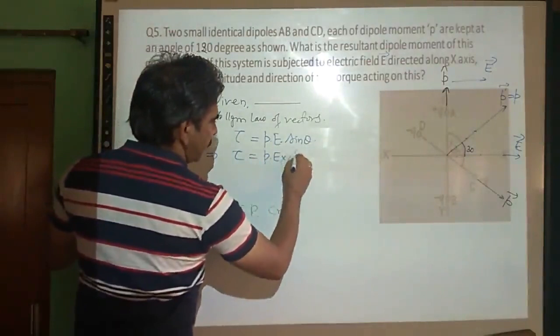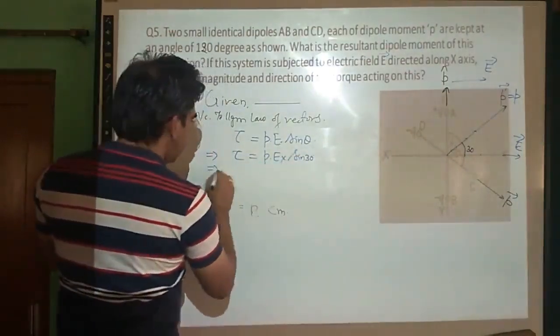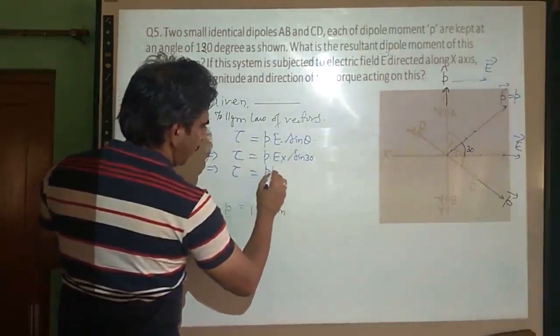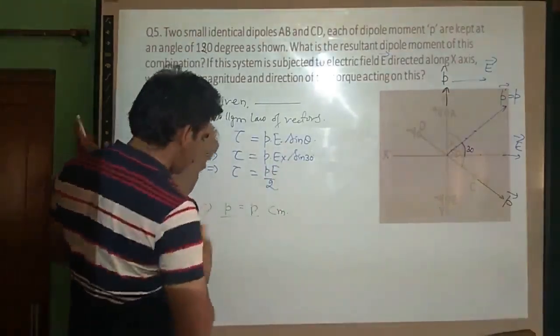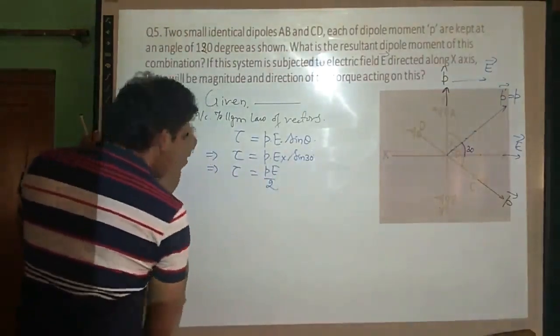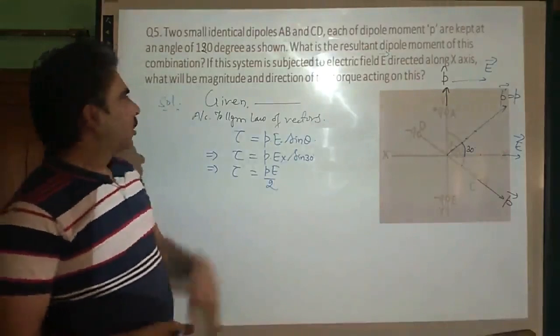So sine 30 is 1 by 2. So simply the torque comes out to be P into E by 2. So this is the magnitude.